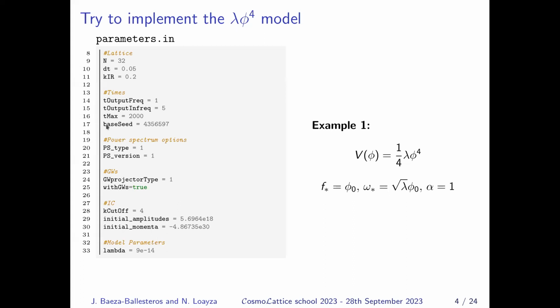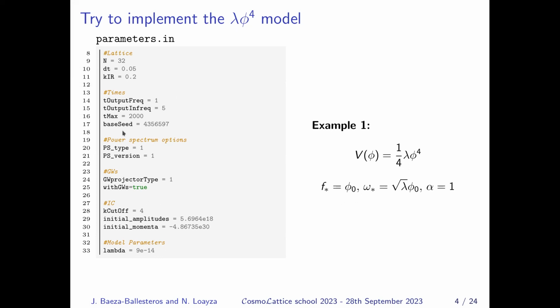But if at a later stage you want to repeat the simulation and get exactly the same results, you need to specify the seed to be the same. This parameter allows you to repeat simulations with the same random initial conditions, so that you get the same numerical results every time.